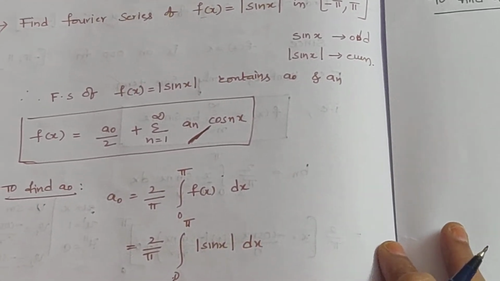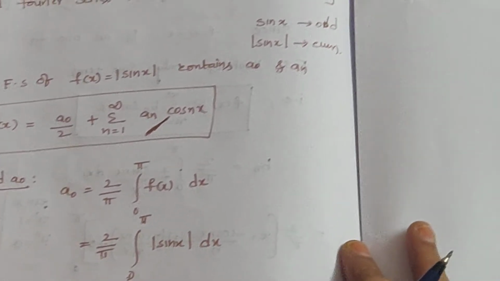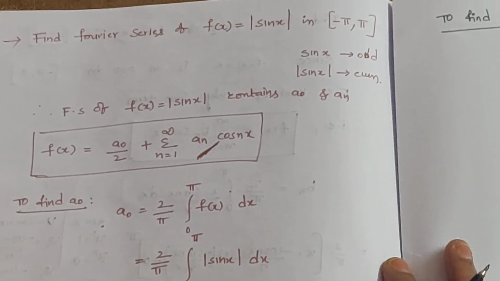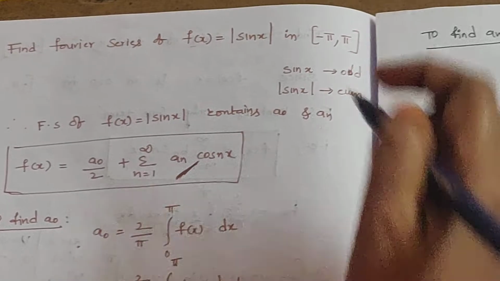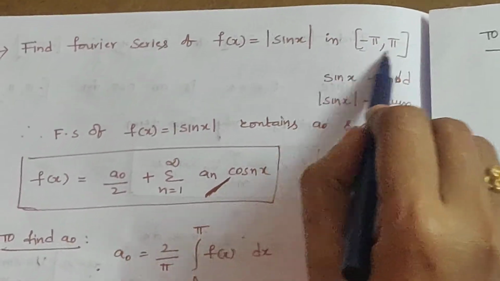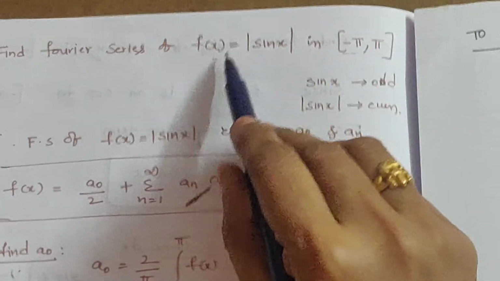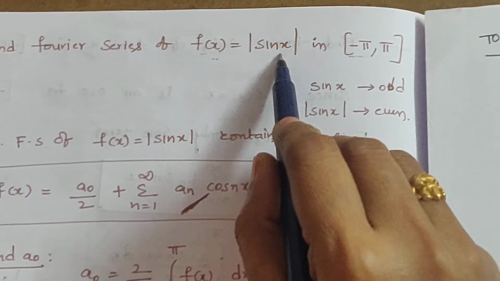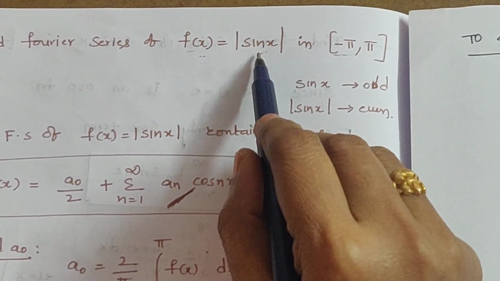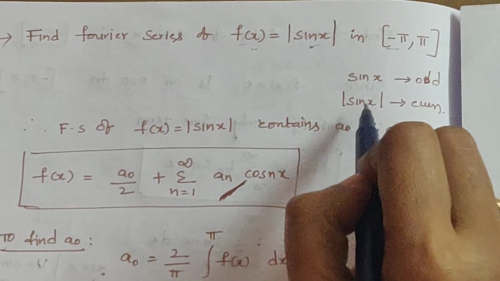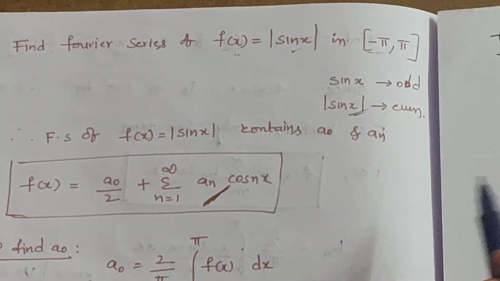But here the interval is minus pi to pi. If you observe the interval as minus pi to pi, check whether the given function is even or odd. We know sin x is an odd function, but mod sin x is an even function.